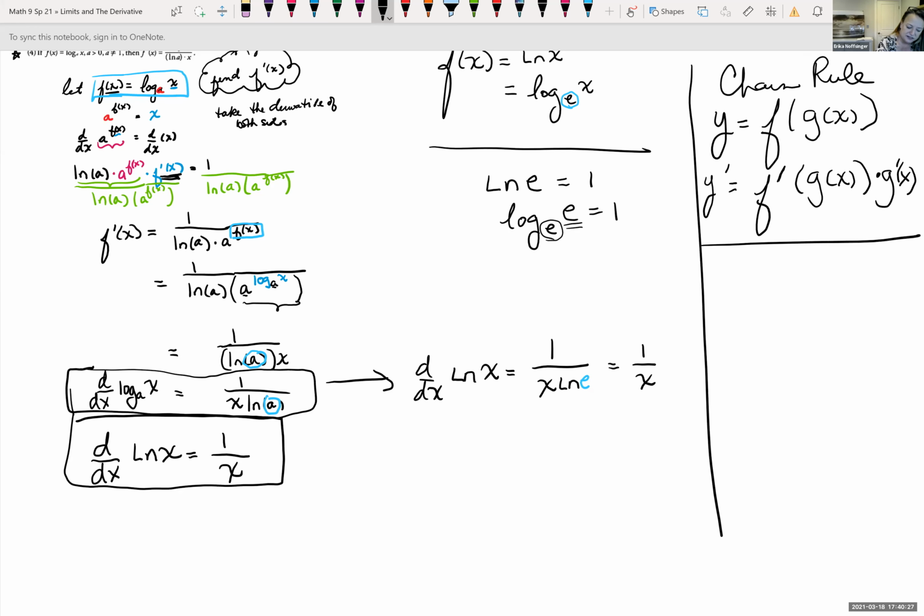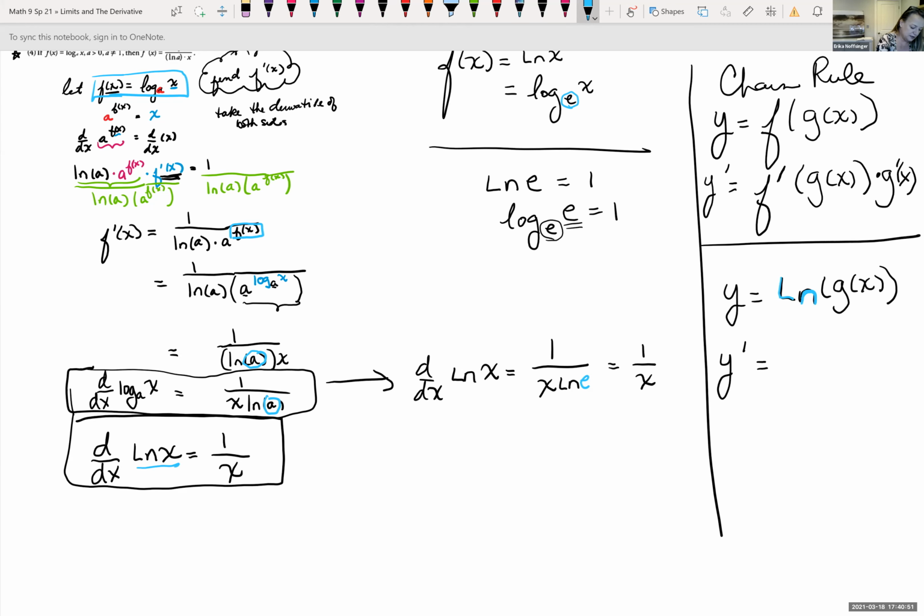So if we have y is equal to, let's start with the natural log, that one's easier, the natural log of some function, let's say g of x in here. The chain rule says we're going to take the derivative of the outer. So the outer function is the natural log.